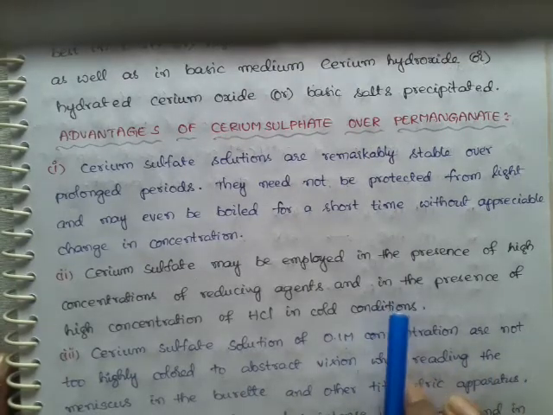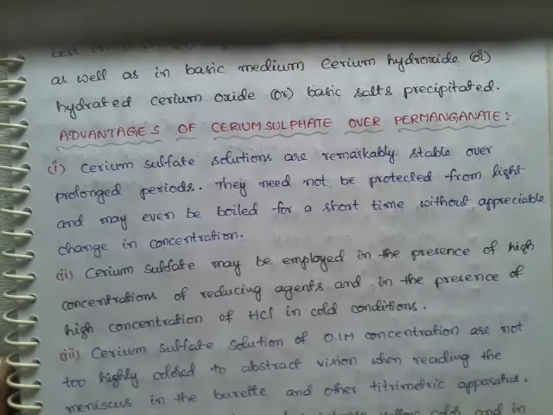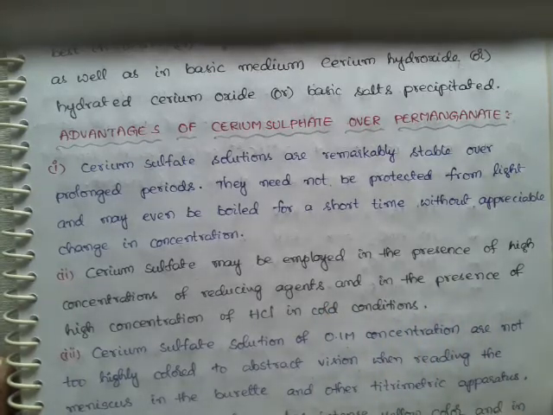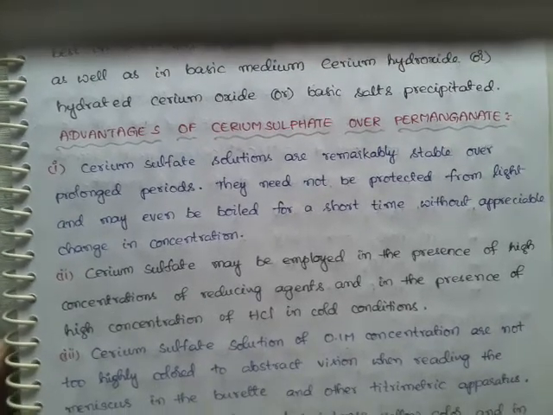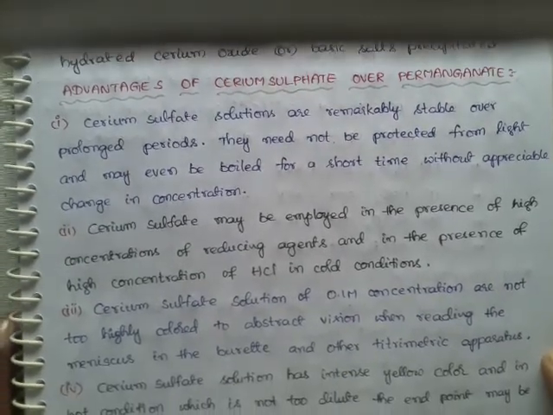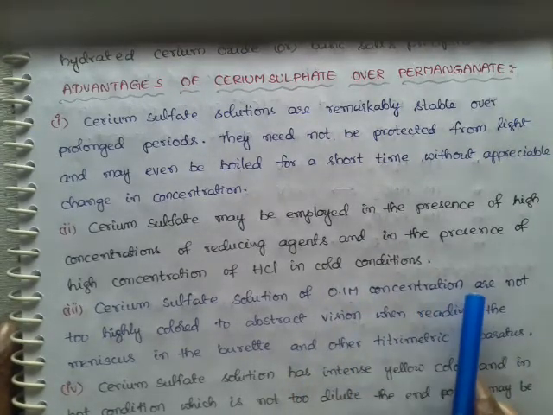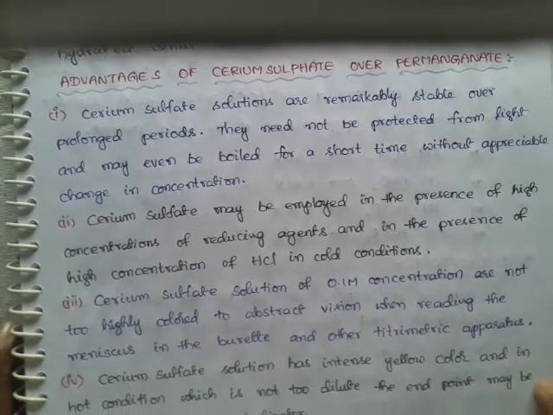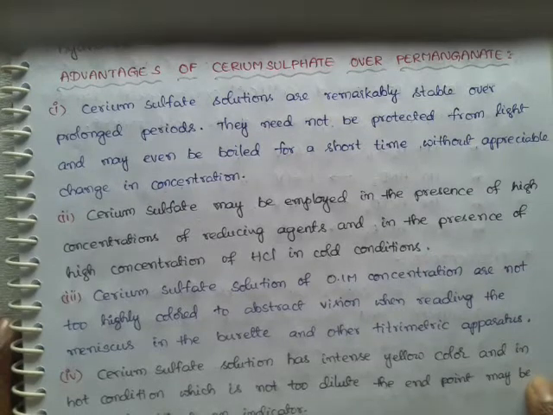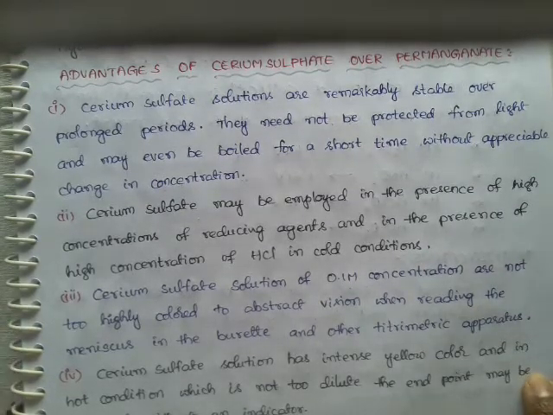Next, cerium sulfate may be employed in the presence of high concentrations of reducing agents and in the presence of high concentrations of HCl in cold conditions also, but it will not be possible for KMnO4. Next, cerium sulfate solutions of 0.1 molar concentration are not too highly colored to obstruct vision when reading the meniscus in the burette and other titrimetric apparatus.